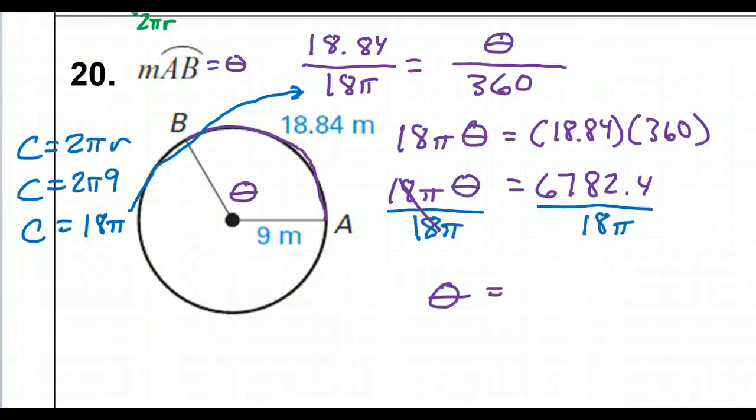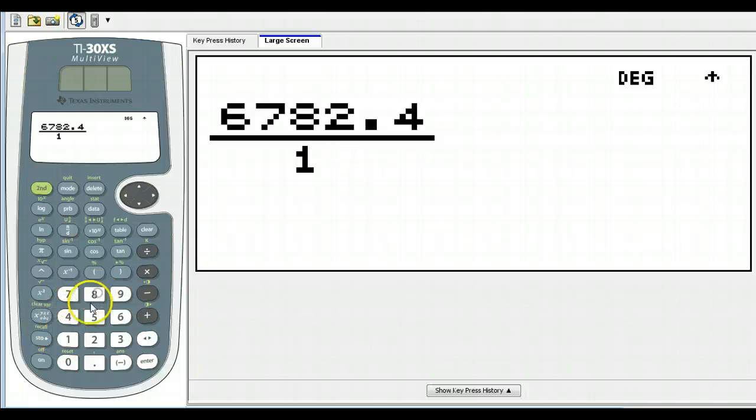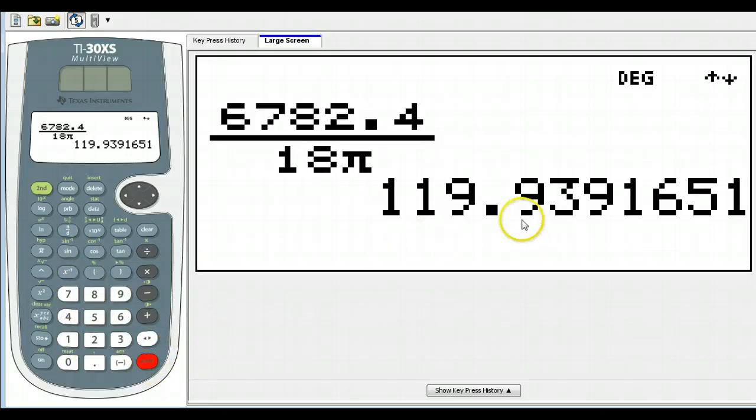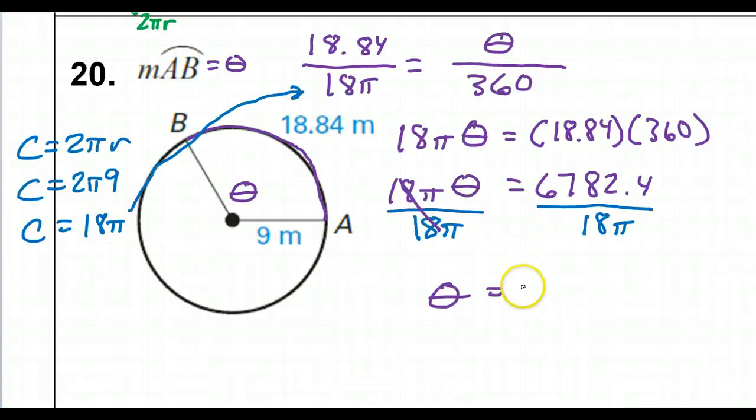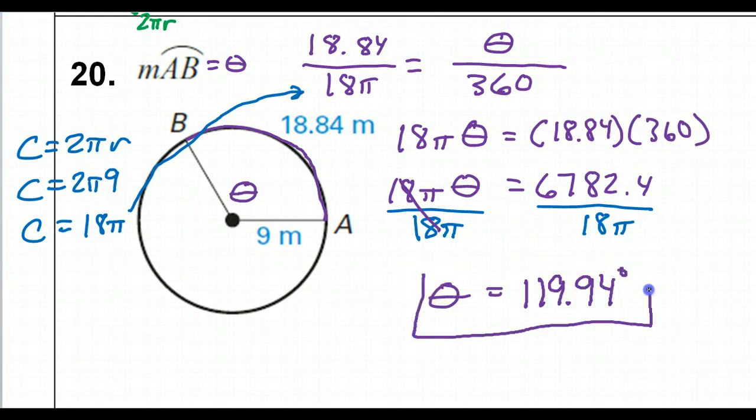I'm supposed to be dividing by 18 pi, so in fraction mode, I'm going to do 18 pi like this. So this is going to be the answer: 119.94 degrees. So that is the answer to number 20.